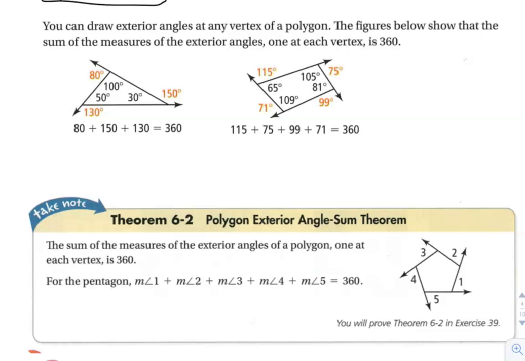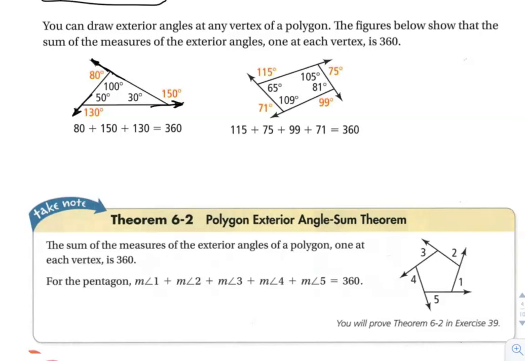So here, when you're drawing the exterior angles, guys, you just want to make sure you're not creating more than one at one vertex. So think of you're just extending each side, right? So if I'm going here right to left, I'm extending that side, and then I'm just continuing along my polygon to extend these sides. Okay.